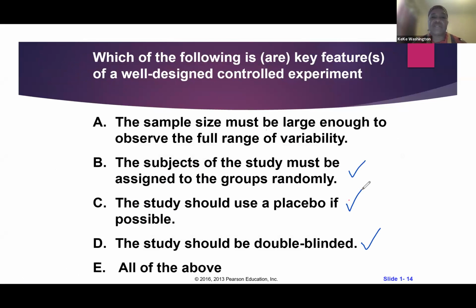I have no idea if I'm in the treatment and control group, and neither does the researcher. Neither one of us know which group that I'm in. That helps us minimize bias. Okay. And the last thing, we want to make sure that we have a large enough sample. You don't want to complete a study with 10 people. You need a large enough sample. So this would be all of the above. Okay.